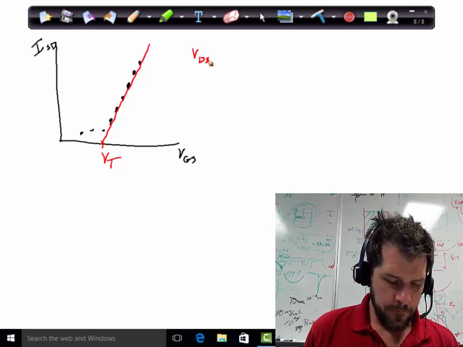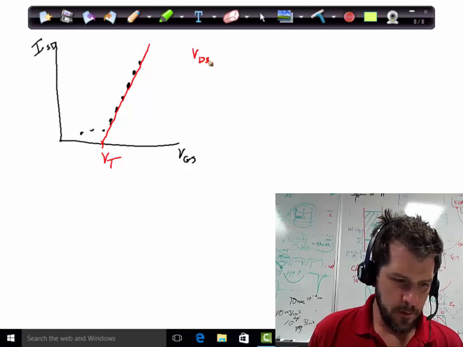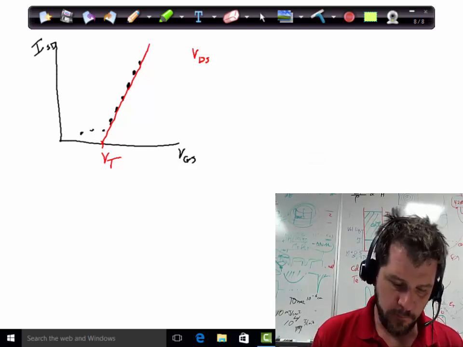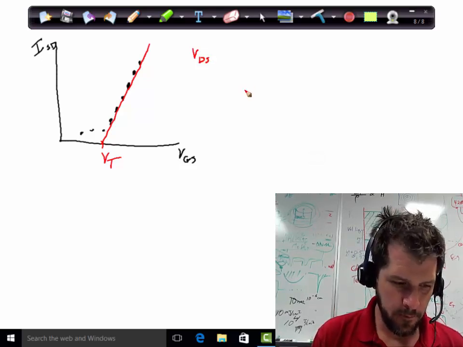So the slope here is from our previous equations.